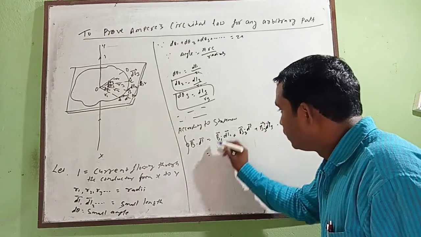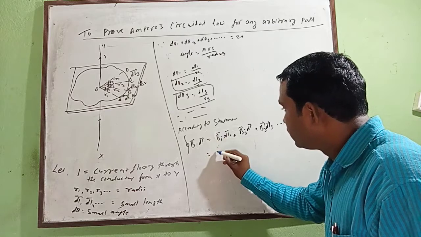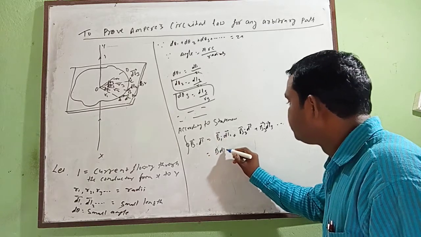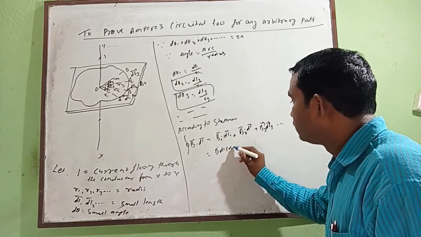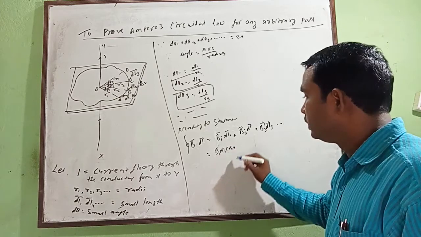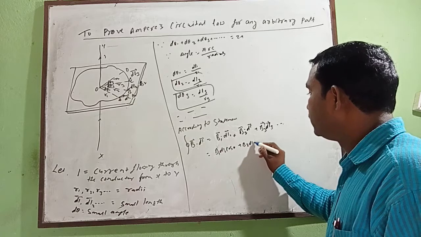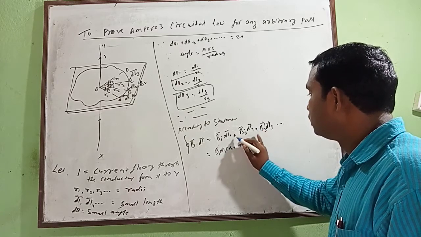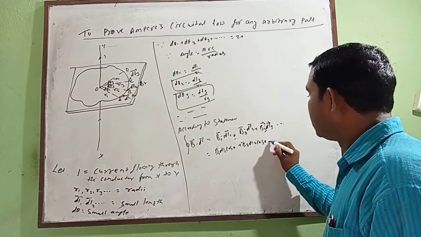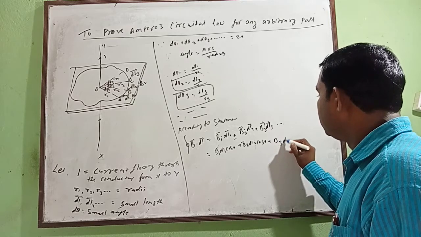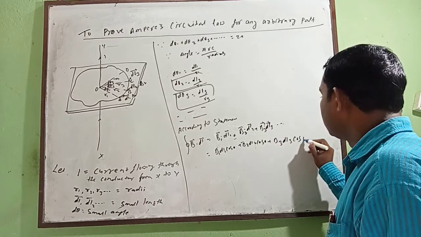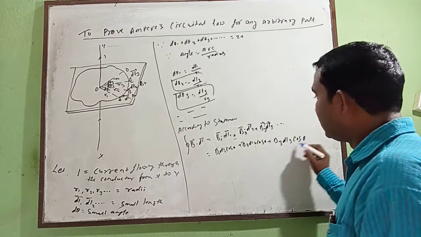Now you see that whenever you remove, here will be B1 dl1 cos theta, plus B2 dl2 cos theta, plus B3 dl3 cos theta, like that.